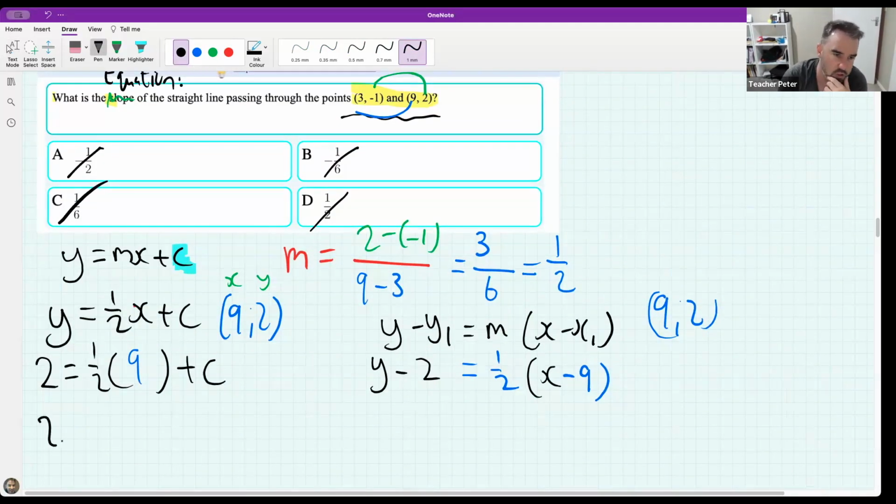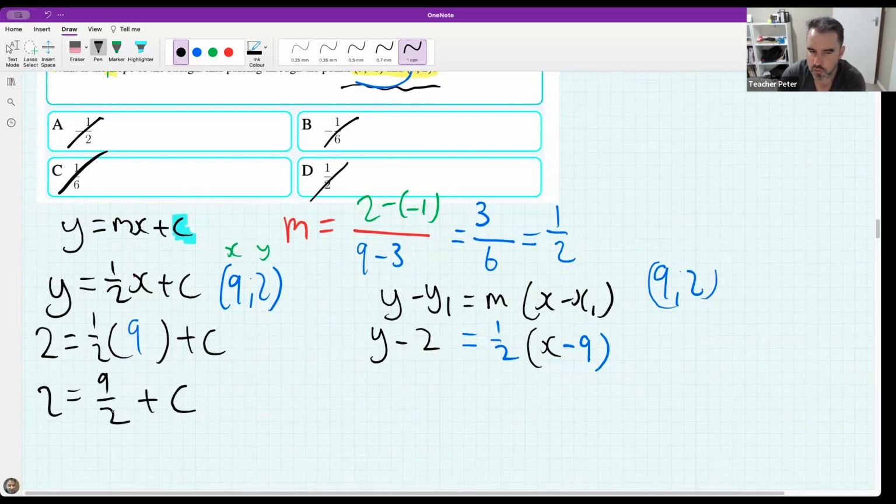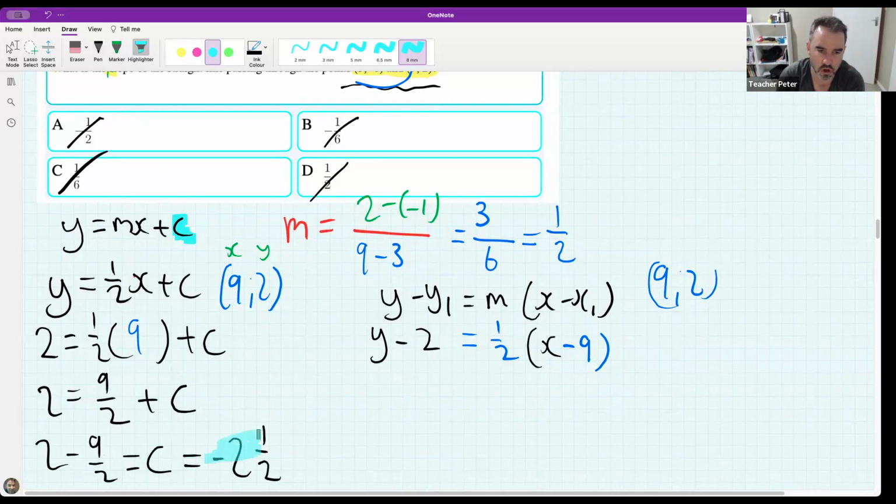I'm going to say 2 equals 9 over 2 plus c. And then 9 over 2, I can move it to the other side. So I go 2 minus 9 over 2 is c, and that would be 4.5. So I would get 2 minus 4.5, or minus 2.5. And so then I would know that the c value is minus 2.5, and I would have my equation.